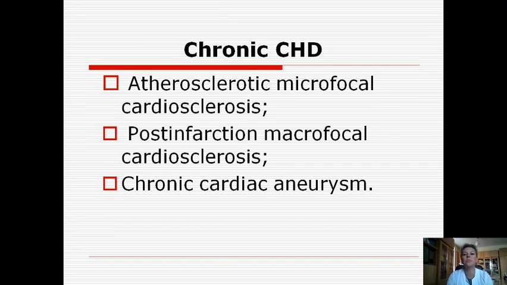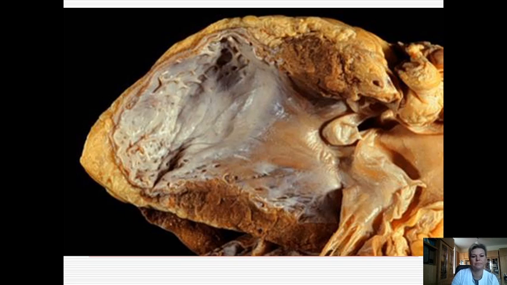The next information is about chronic coronary heart disease. There are 3 forms: atherosclerotic microfocal cardiosclerosis, post-infarction macrofocal cardiosclerosis, and chronic heart aneurysm.